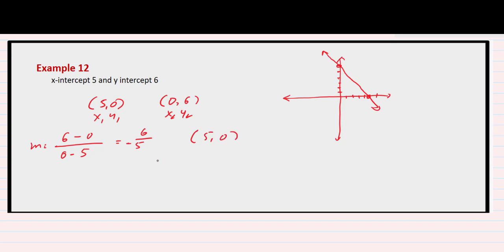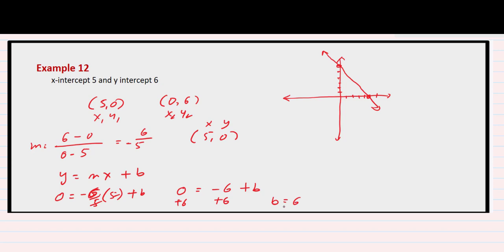Here's x value, here's y value. Using y equals mx plus b form, the y value is 0, equals negative 6 over 5 times 5 plus b. So this cancels out. 0 equals negative 6 plus b, and we add 6 to both sides.